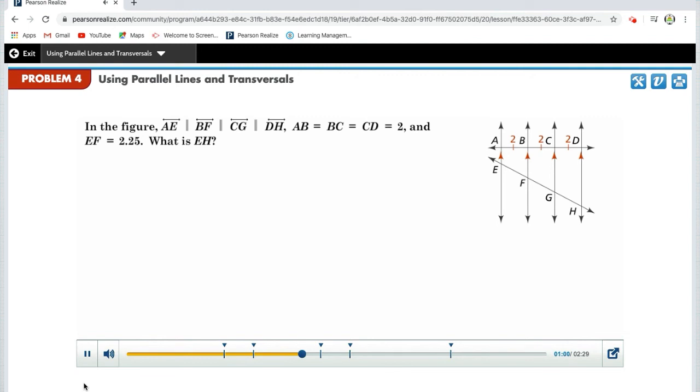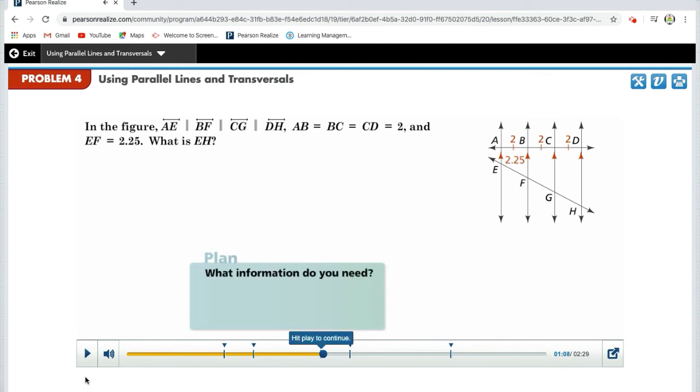Finally, you know that the length of segment EF is 2 and 25/100ths. What information do you need? You know the length of segment EF. To find the length of segment EH, you need the lengths of segment FG and segment GH.